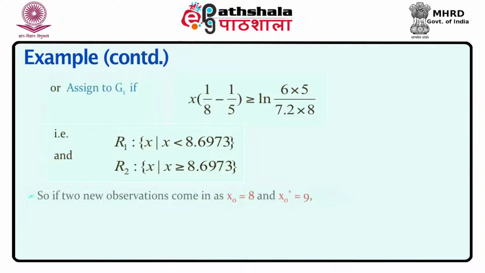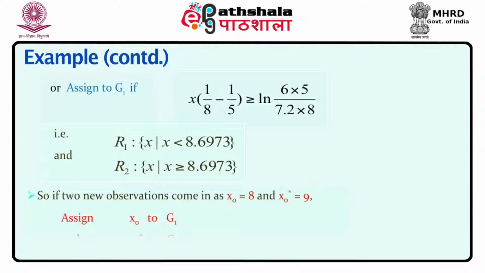Suppose we have two new observations. The first one is x0, which is 8, and the second is x0 star, which is 9. Now let's look at the first observation, x0 equal to 8. We assign x0 to G1 because x falls in the R1 region: 8 is less than 8.6973.